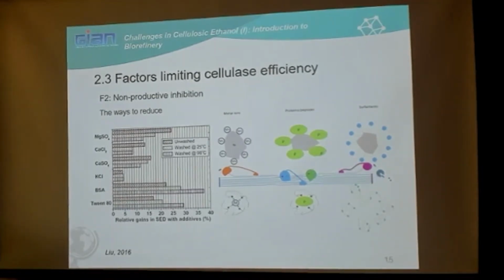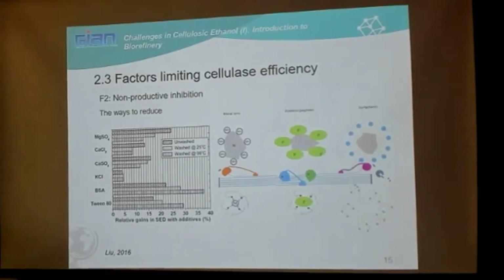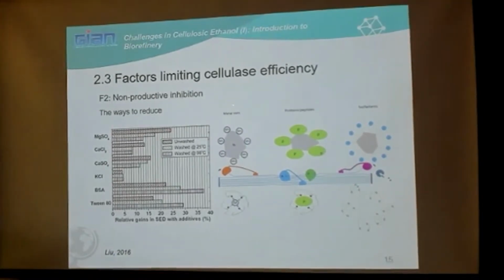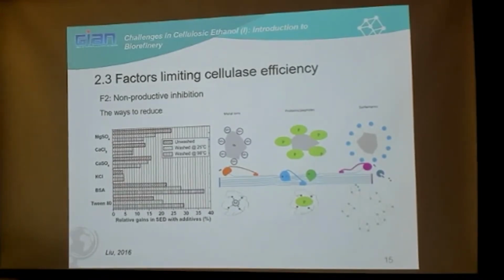And I also developed a technology using salts, especially calcium salts and magnesium salts. This work was done in Wisconsin because the water in Wisconsin is of very high hardness. The content of calcium and magnesium is very high.